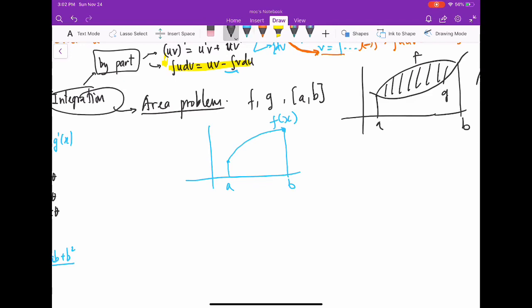Now, if we rotate this curve about the x-axis, you get some solid region. And for this solid region, we are interested in some problems. First, we need to find the volume of the solid region.